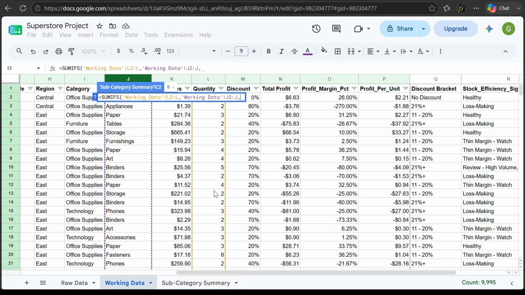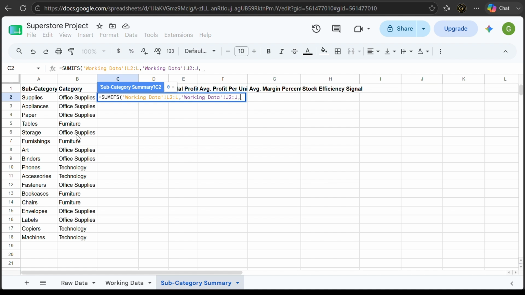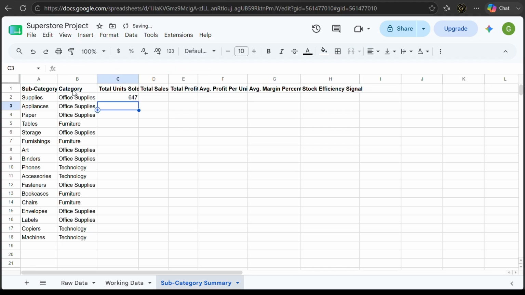We want to find, for each of the subcategories, how many of that quantity was sold. That's what this formula is trying to do. Now be specific for supplies, which is A2. Then we close our bracket, and once I press enter, it means that there were 647 units of supplies sold.